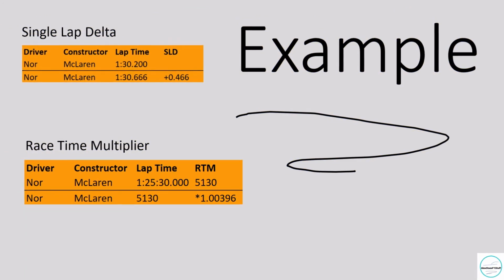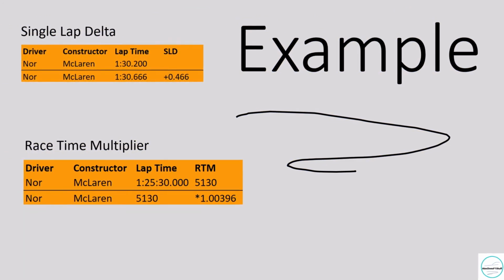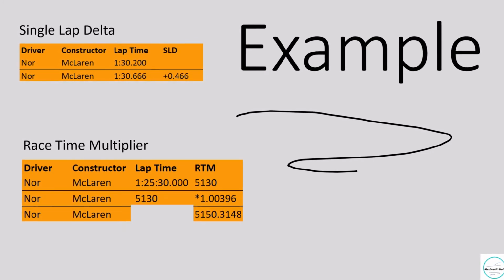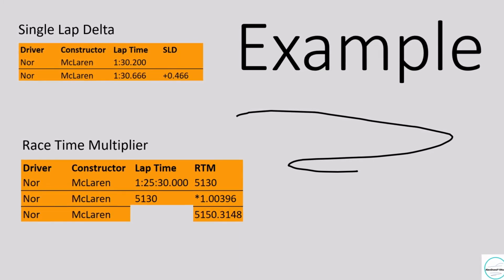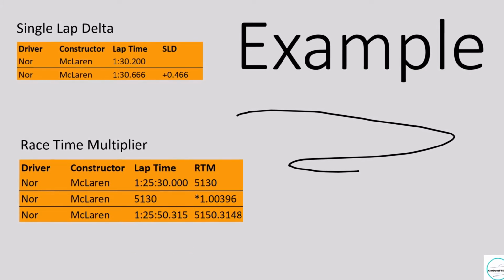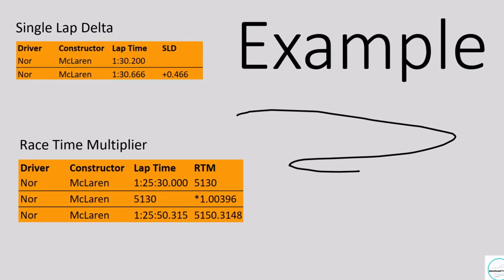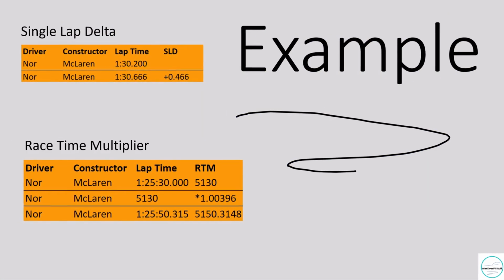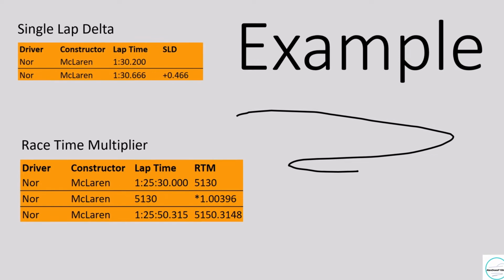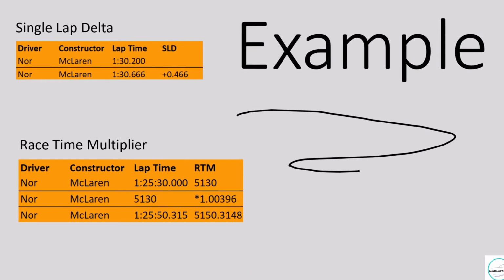Anyway, this value is then multiplied through by his unique RTM value, and that gives us 5,150.3148, which I then convert back to hours and minutes, which gives us a total of 1 hour, 25 minutes, 50 seconds, 0.315, and that is now Norris's new race time.